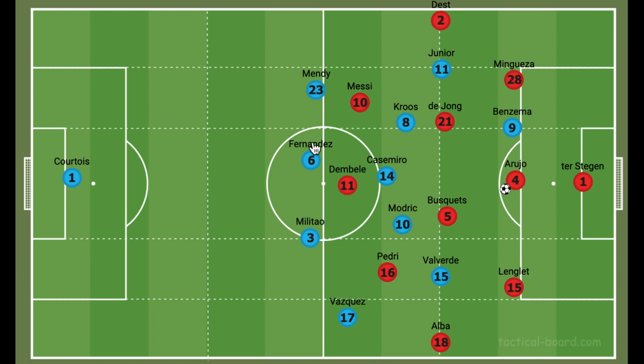and the key phase for Real Madrid was their defensive phase, primarily in the low block. That is how they countered, with Vinicius isolating himself against the wide center backs and using the space in behind.